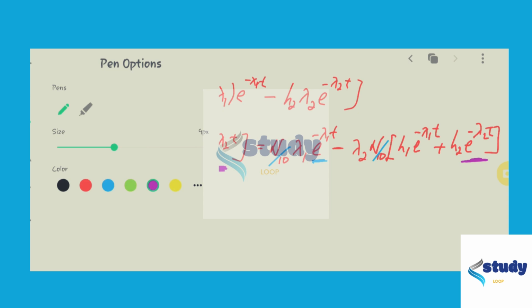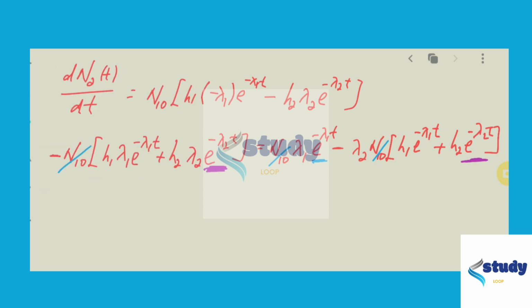So for exponential lambda 1, we'll keep it on the right hand side.